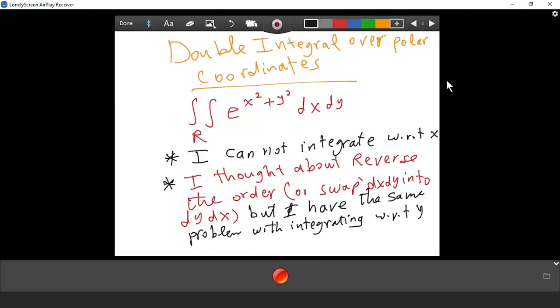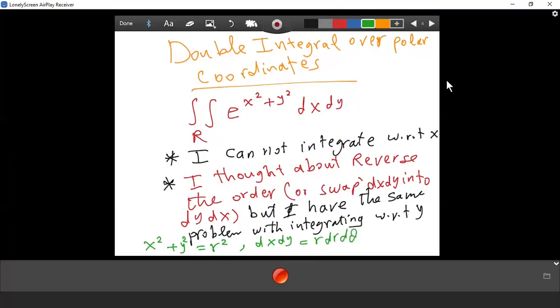So what are you going to do now? It is compulsory to go to polar coordinates, which is tempting for you. You know the relation between polar and Cartesian coordinates. I know x squared plus y squared equals the radius r squared, and I know dx dy equals r dr d theta.